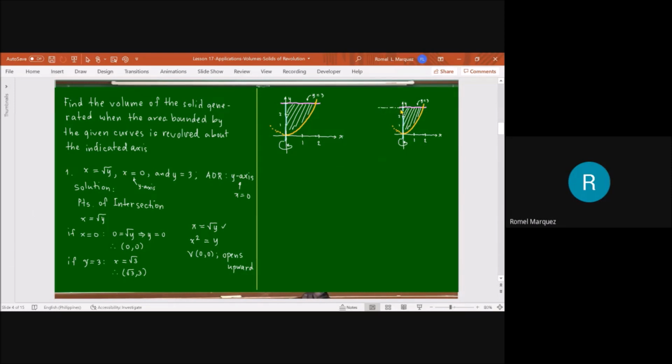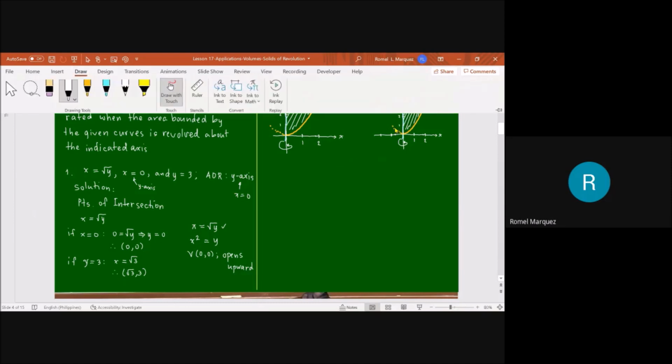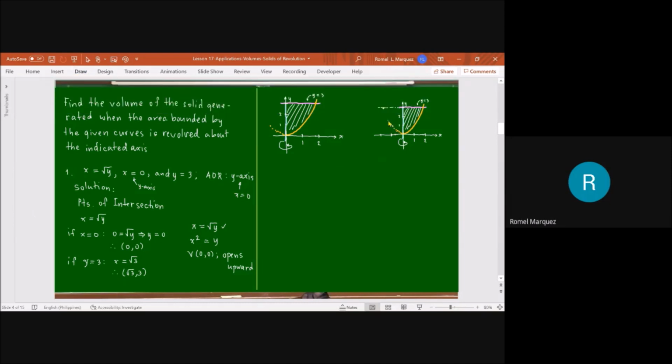We have the x-axis 1, and then 2, and the reflection on this side at about negative 1.73. And this is the solid that we will be able to form.